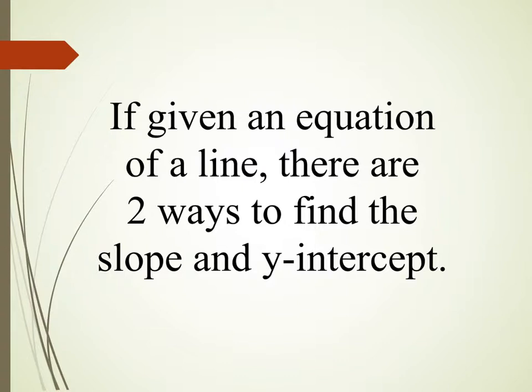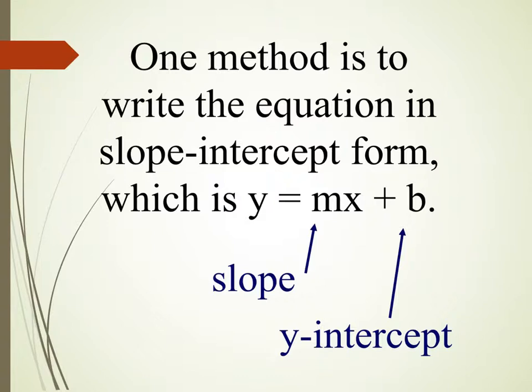So if you're given an equation of a line, there are two ways to find the slope and the y-intercept. Right now, I'm not focused on the y-intercept. My main focus is the slope, so we're not going to deal with that today. Whenever you have an equation, your slope is always the number with x, but you also need to make sure that y is by itself.